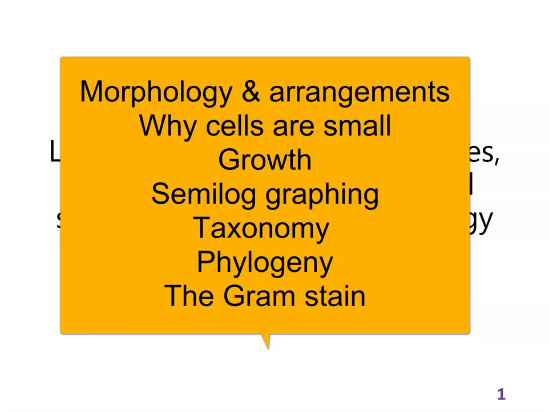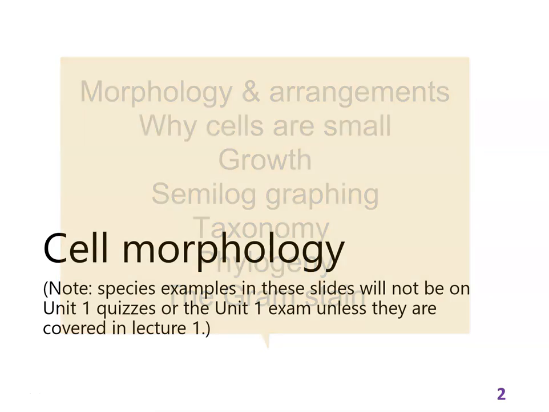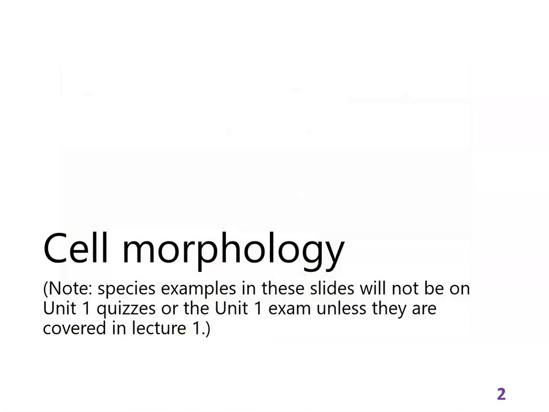First, I want to talk about cell structures and morphology and growth. So we're going to start with morphology, and that is the shape of bacterial cells, what they look like under the microscope. And in these slides, I'm going to give you some examples of bacteria that have these shapes, but I'm not going to ask you to memorize that.